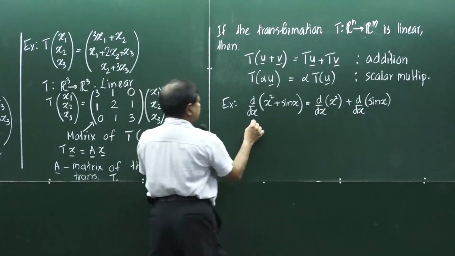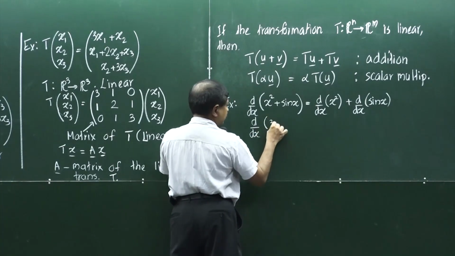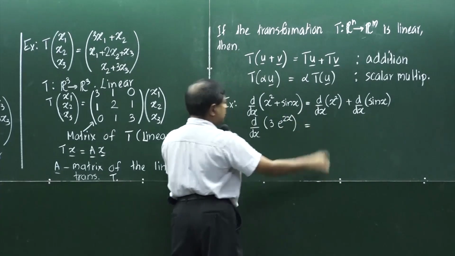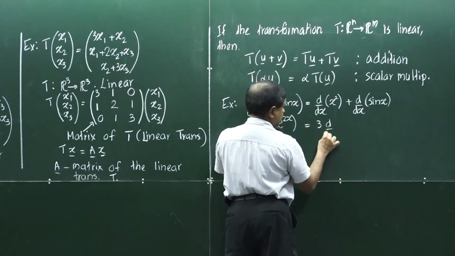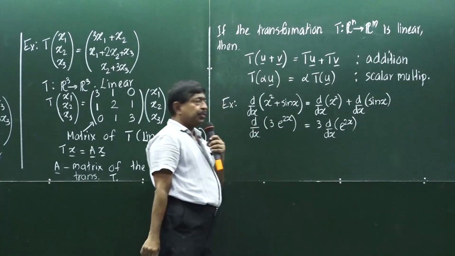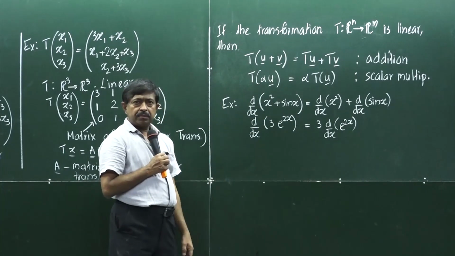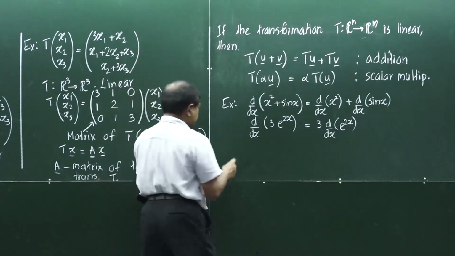Haven't you used it like this? If you have a constant in front, you can pull it out. That's called linearity. Because when you have a constant, you can pull it out, because it's linear. Right?